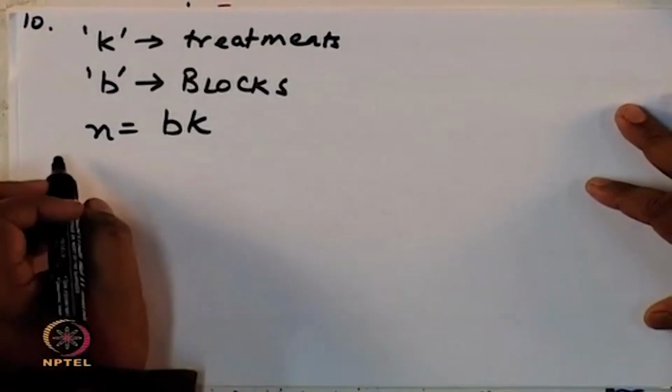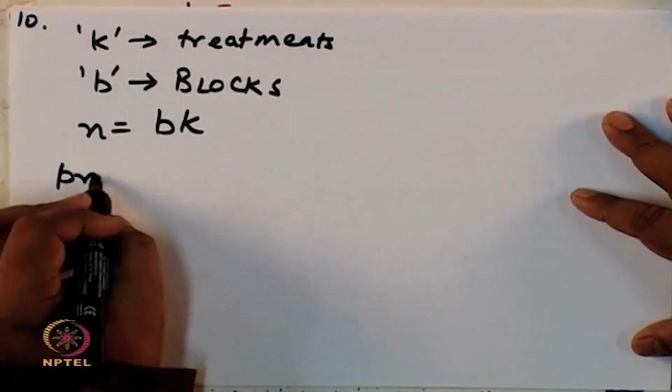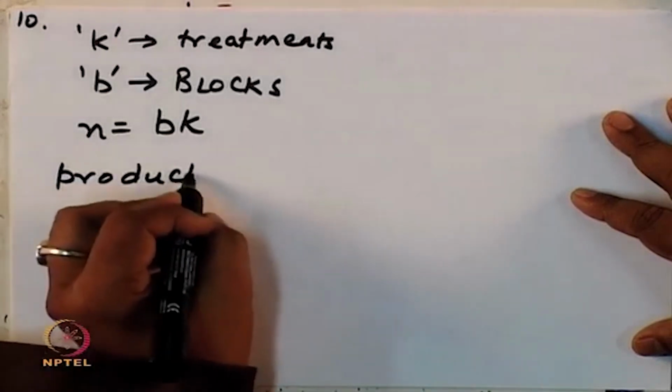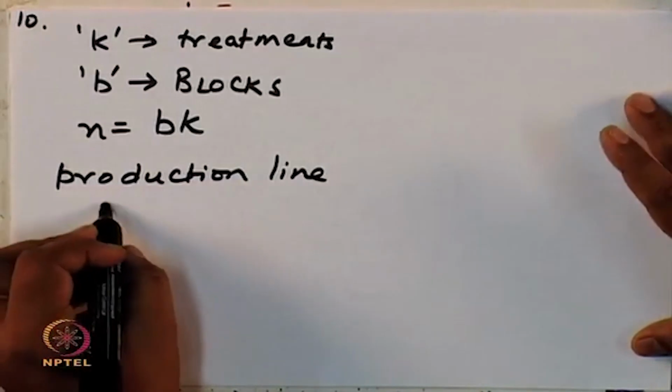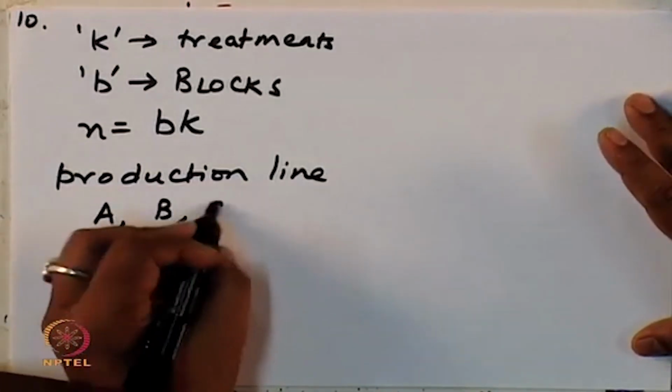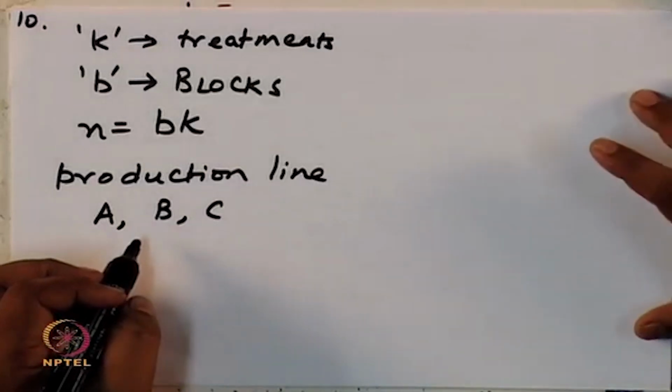Take an example. Imagine in a production line, the engineer is trying to compare 3 methods for assembling a given product.